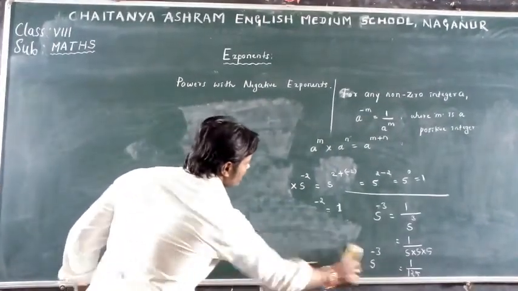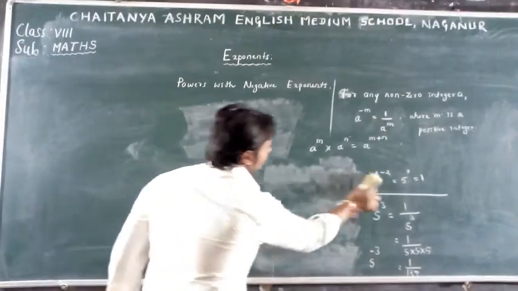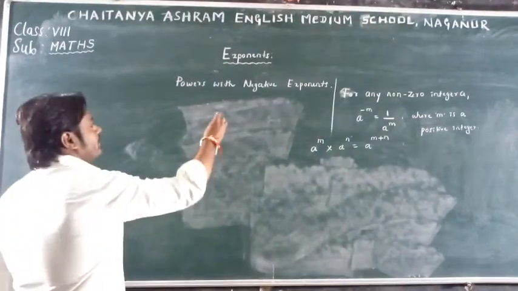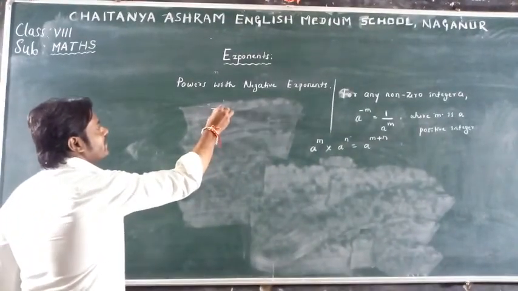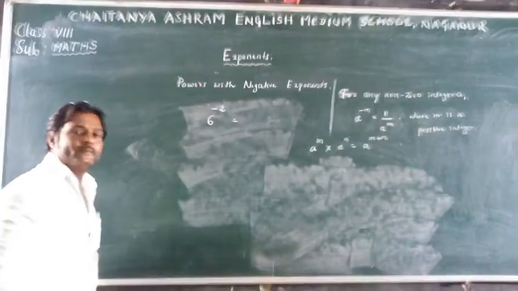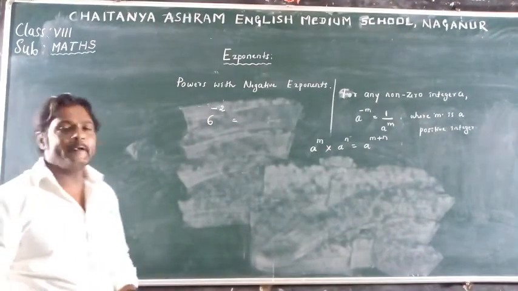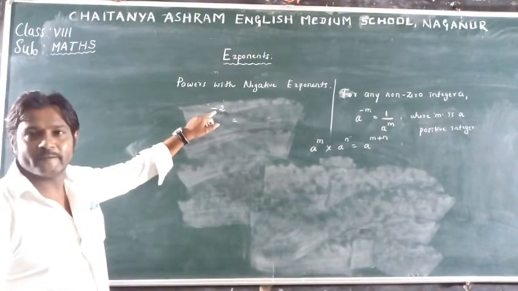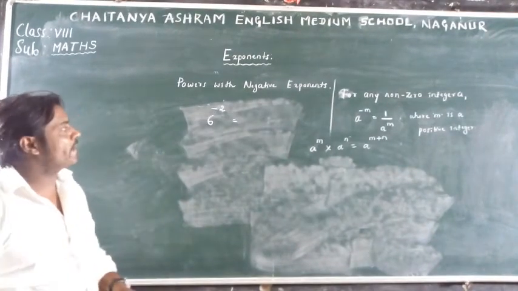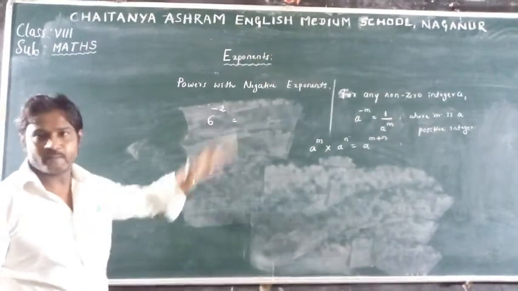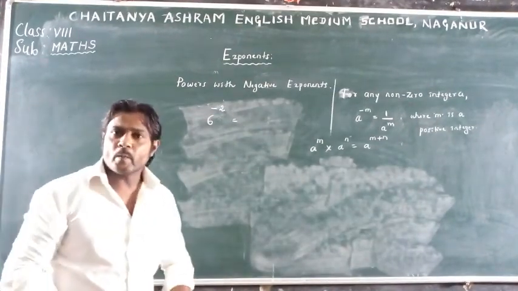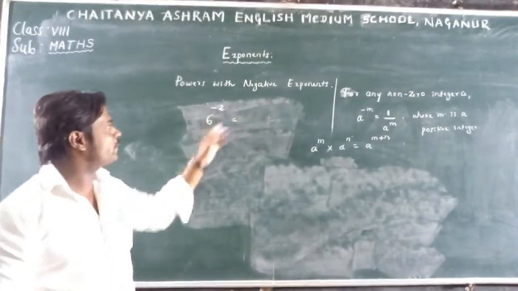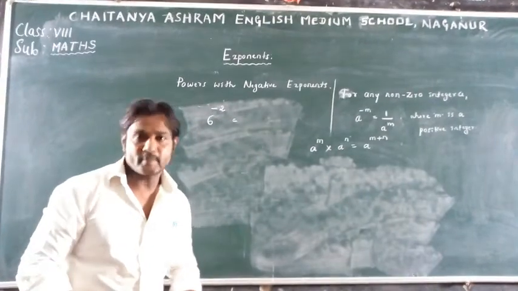Now consider some more examples. 6 raised to the power minus 2 is a negative exponent because it is a power with a negative integer. That is why it is called a negative exponent. How do we find its value? Before finding its value, first we convert this negative exponent into a positive exponent.